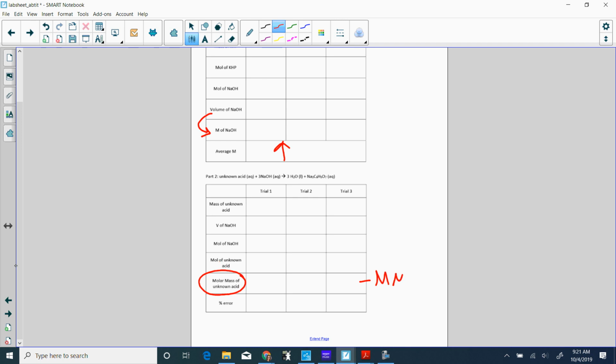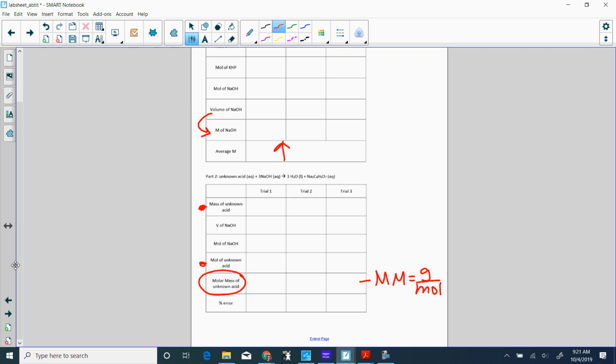The molar mass of the unknown acid was grams divided by moles. So we took this number and we divided it by this number to get that one there. But how does a bigger molarity affect that? Okay, so now you need to track this number.